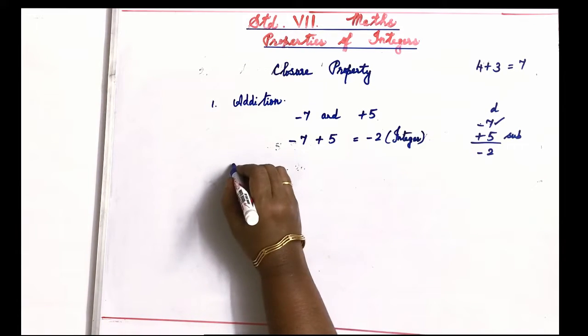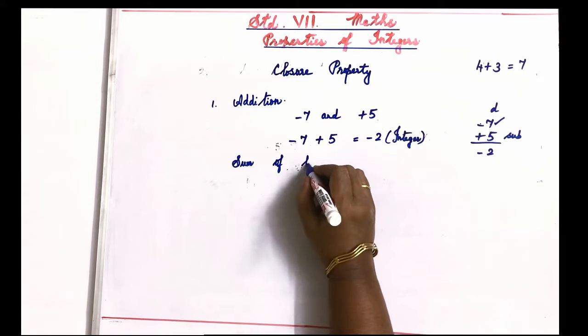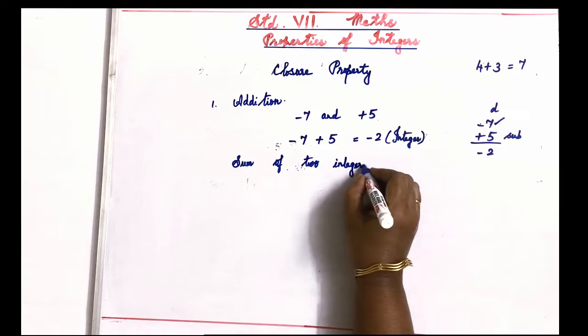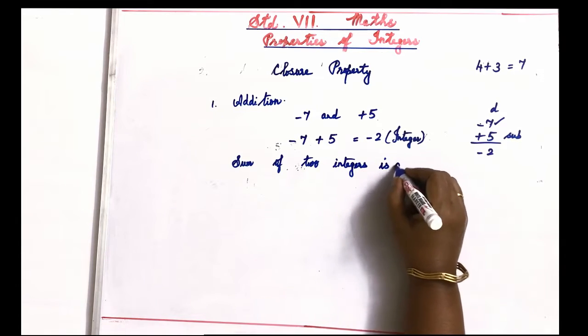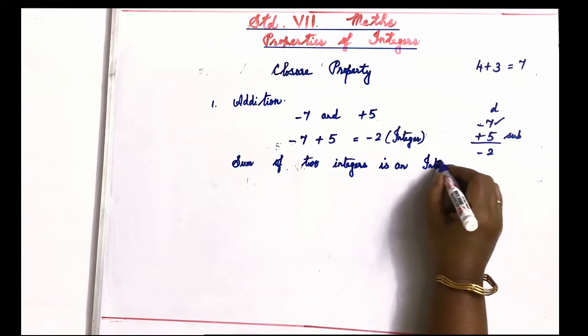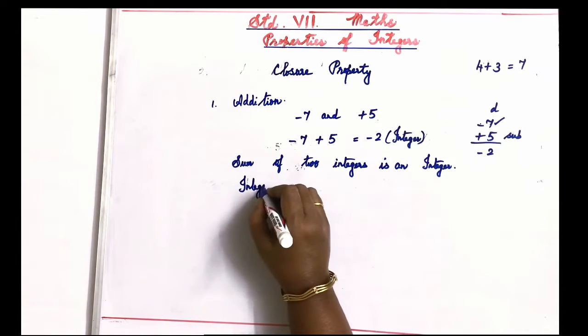So we can say the sum of two integers is an integer. Or we can say integers are closed under addition.